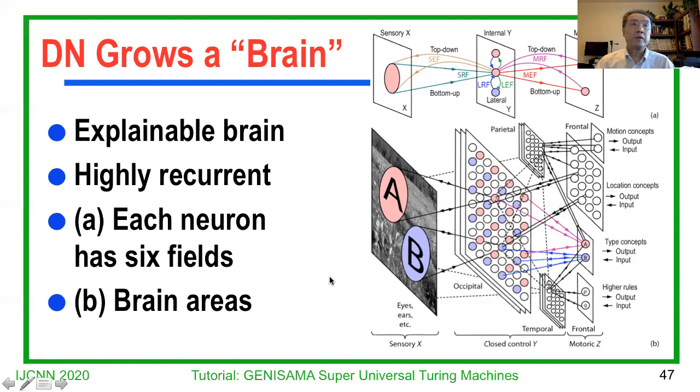Highly recurrent. And you have brain areas, and then you have, like, this is the type neurons growing ventral pathways. And your location neurons grow dorsal pathways. And each neuron here corresponds to the number. Each Z neuron corresponds to this type. Red color is the type, and this is location. You have these location neurons, and then you have type. This is the A, B type, and then you have competition between A and B. You pay attention to A or B, depending on the competition here.